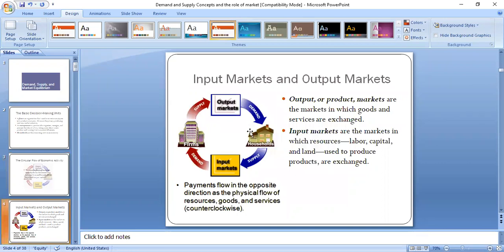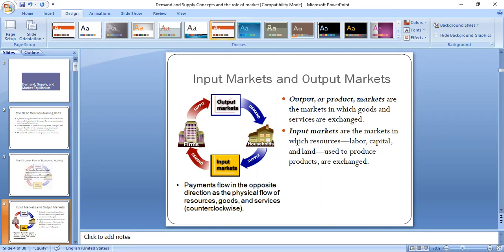And for a four-sector model, we shall have basically four sectors of the economy. We shall have farms, business farms, households, the government sector and the rest of the world. So here, this circular flow of economic activity shows the output markets and the input markets.